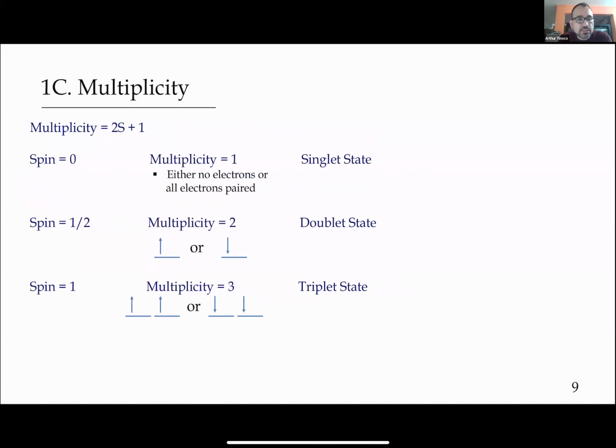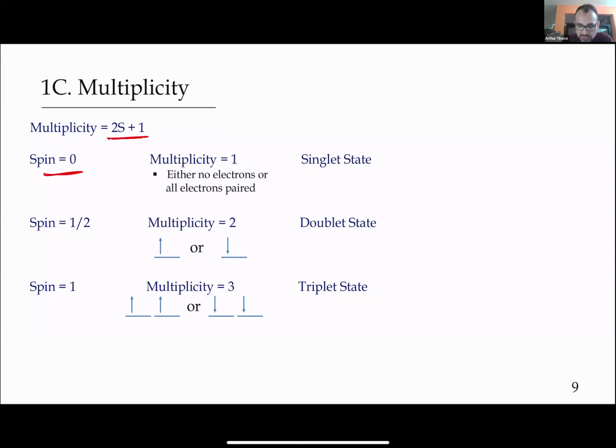An additional thing is this parameter multiplicity. I've referred to this name previously, but we're going to look at it more closely because multiplicity is another way that we state what the spin of a system is. The multiplicity is equal to 2S plus 1. We're going to look at how we correlate certain multiplicities to certain spins.